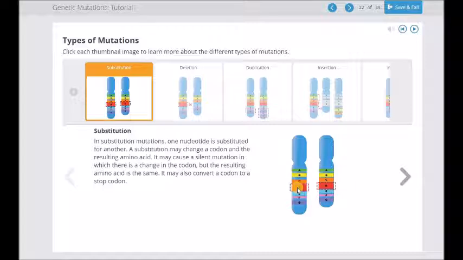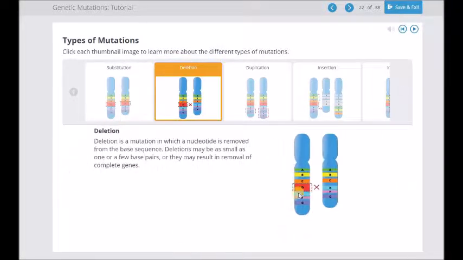And if the codon is changed enough to get a different amino acid, then it changes everything. But if I change the letter but it still says get the same amino acid, it's a mutation, but it's a silent mutation, okay? But substitution is very simply this. I've got GGACA. I changed it to GGAGA. See how I changed the C to a G? That's called a substitution, okay?